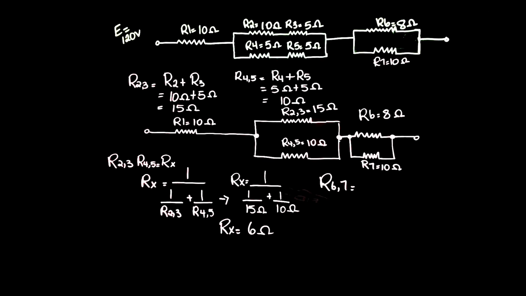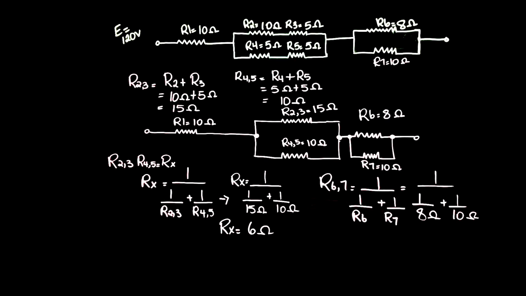So I am going to add those resistors together using the reciprocal formula yet again. So 1 over R6,7 equals 1 all over R6 plus 1 all over R7, which equals 1 all over 8 ohms plus 1 all over 10 ohms.